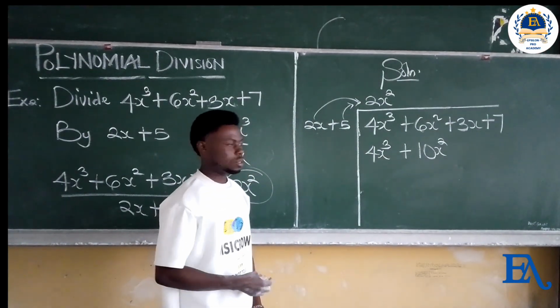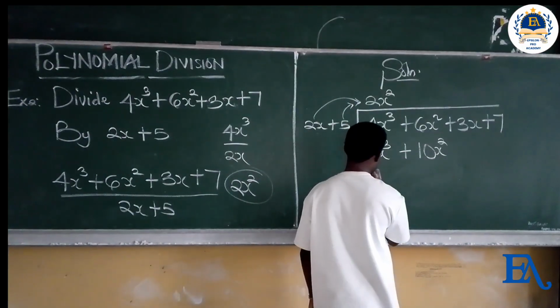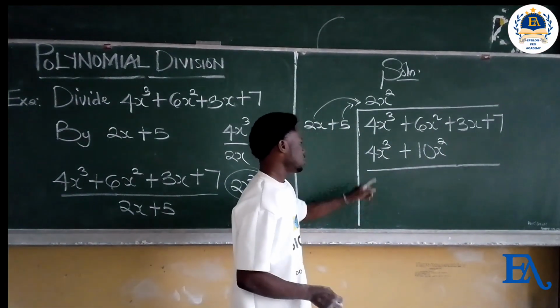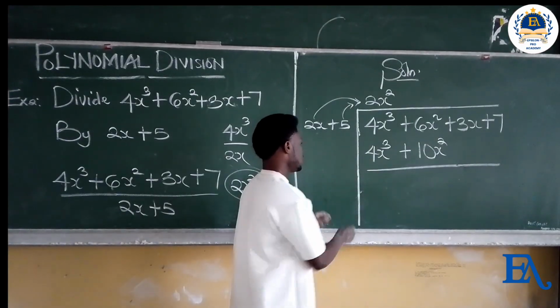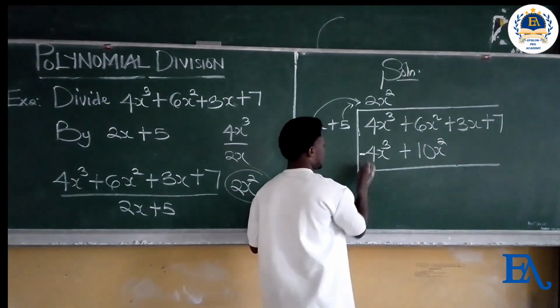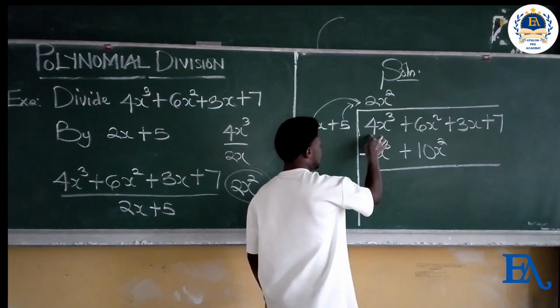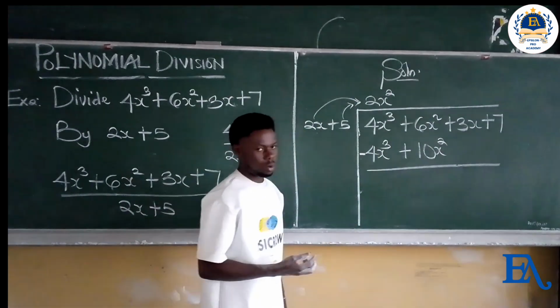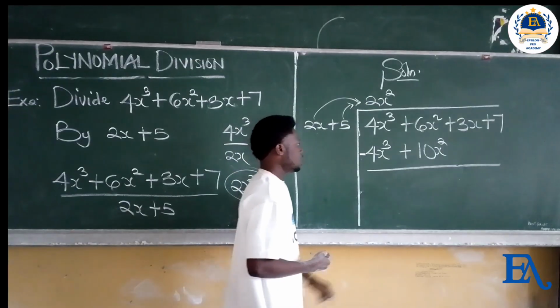The next step is to subtract this from this. If you do that, we are going to obtain 4x cubed minus 4x cubed gives 0. We are going to omit 0.